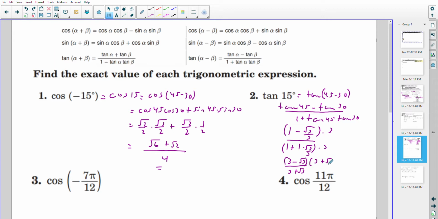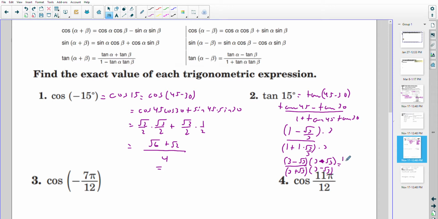3 minus square root of 3, because it's the opposite sign of the plus. And this is going to be 3 minus square root of 3. This is going to get the radical out of the denominator. So in the top, I get 9. And it's going to be minus 3 square roots of 3, minus 3 square roots of 3, and then plus 3.